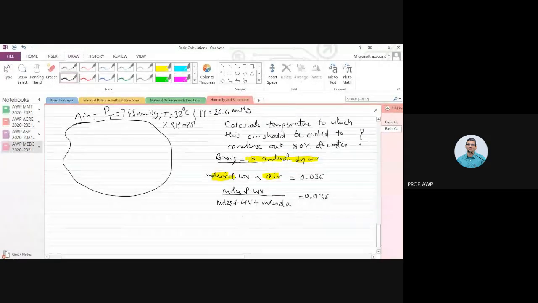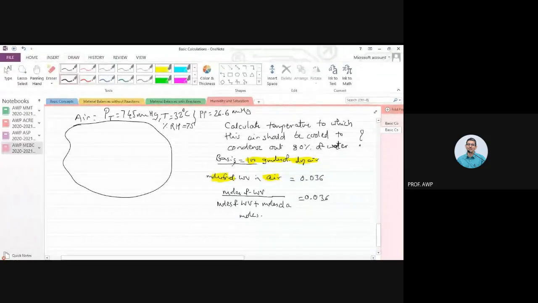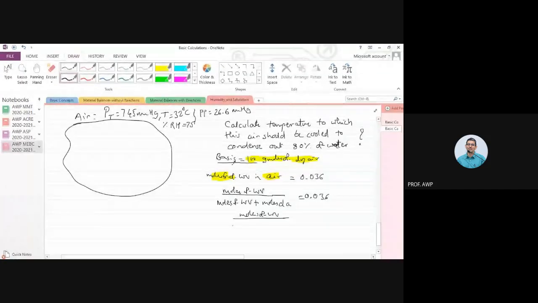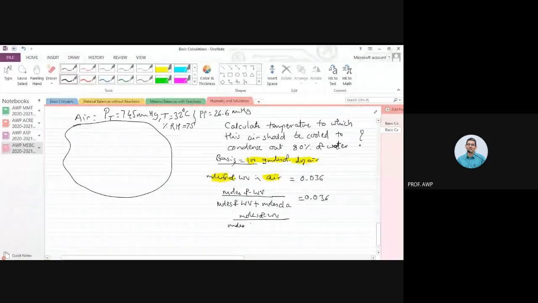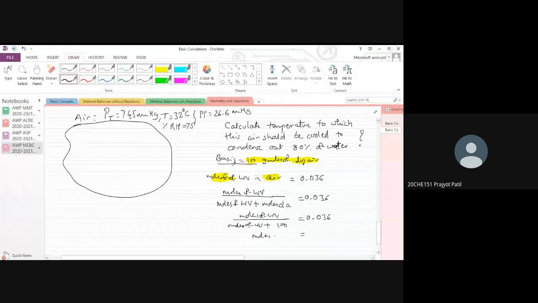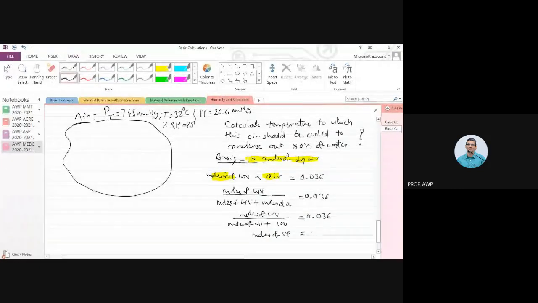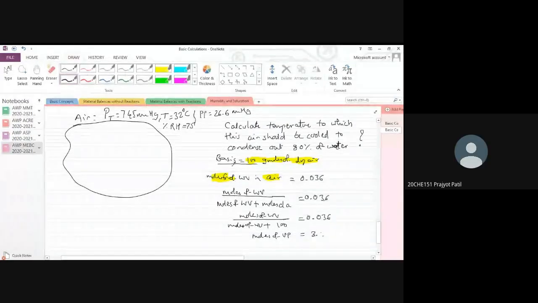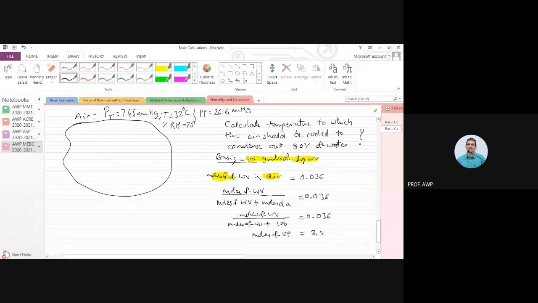So moles of water vapor divided by moles of water vapor plus 100 is equal to 0.036. From that we get moles of water vapor as 3.7. Yes, sir.